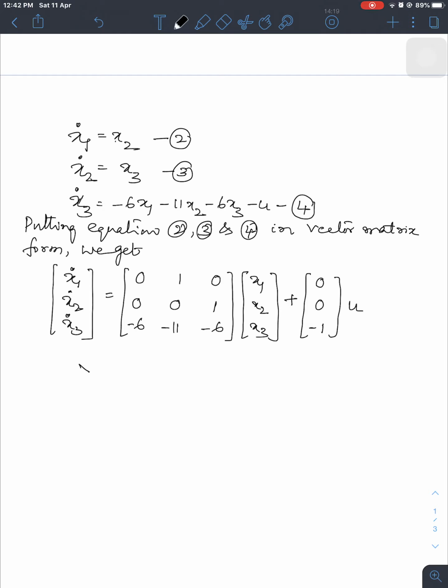This resembles x dot equal to A into x plus B into u, where A is given by this matrix, B is given by this matrix, and this is your state equation.